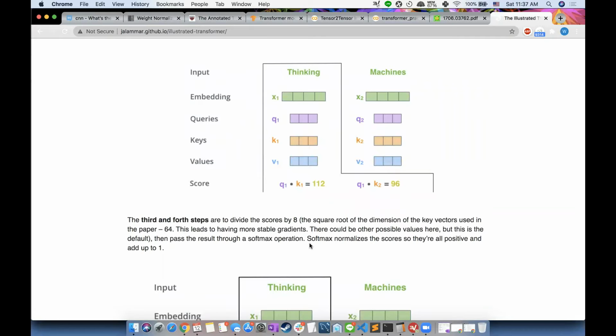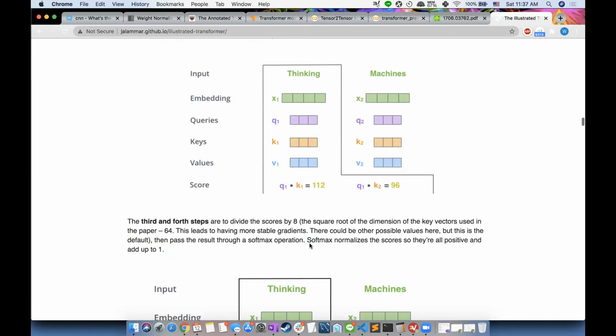We started with 512, and because of multi-headed attention, we're splitting that. K we have learned by multiplying x1 with WK, and then K1. The number of columns in a weight was 64. That's why we have 64 in here.